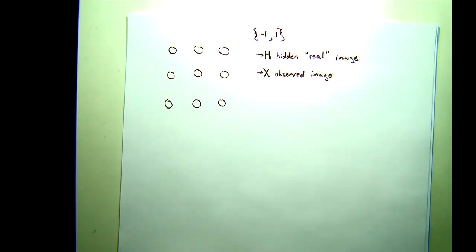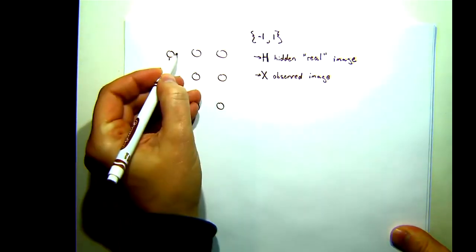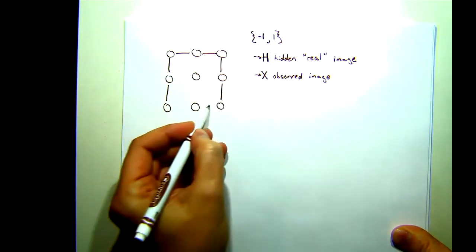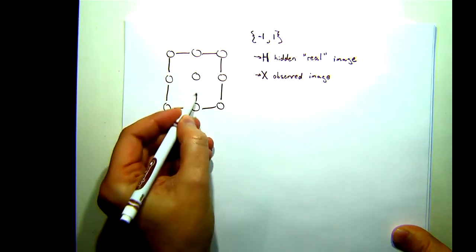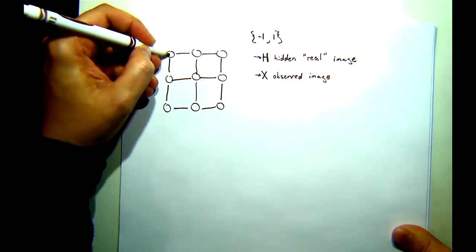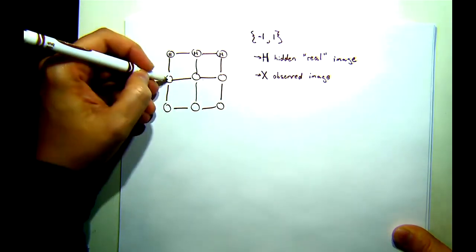So basically what we're going to do is build a graphical model. This is going to be a 3 by 3 pixel graphical model. It's a very small image. And we're going to connect all these up. And these are our H's.